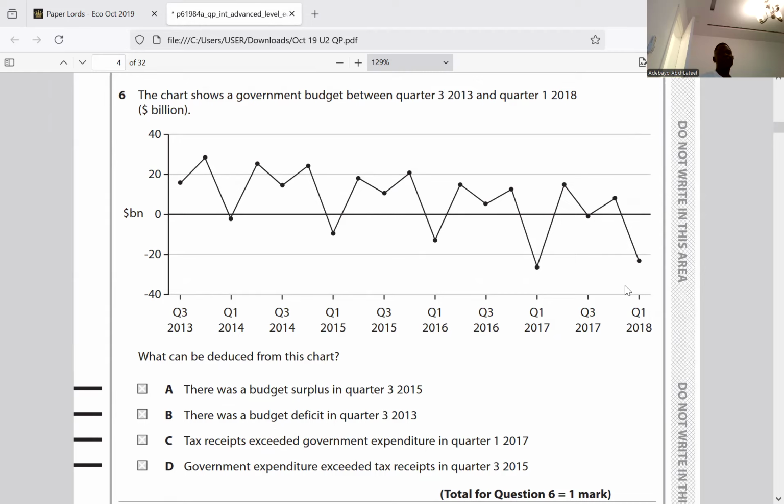Government revenue exceeded government expenditure, which is the same as a surplus. Government expenditure exceeded tax receipts. That's a deficit, right? So the answer is A. Clear, right?